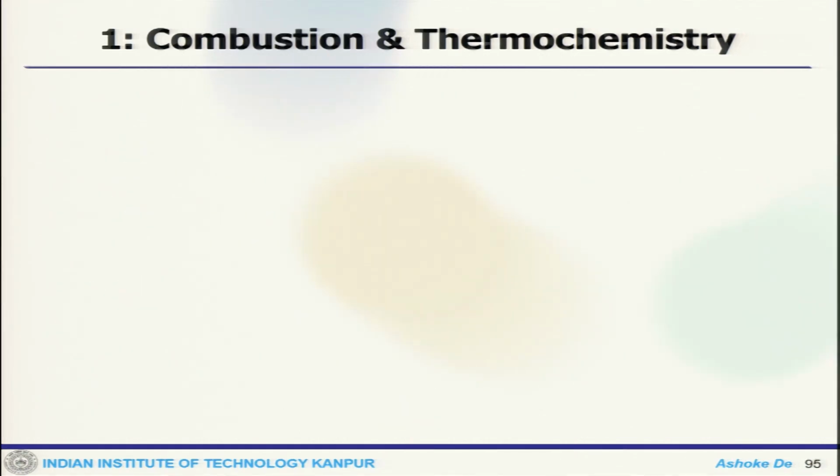You can adjust this value to a per unit mass of the fuel. One can write delta HR per unit mass of fuel, which is delta HR per molecular weight of fuel.